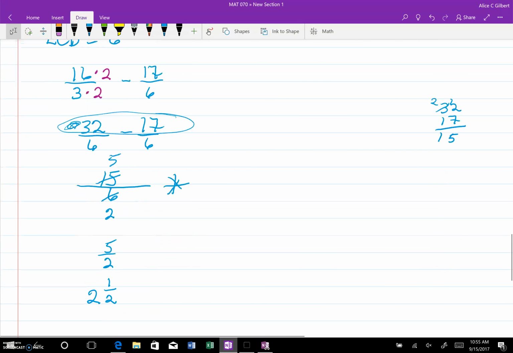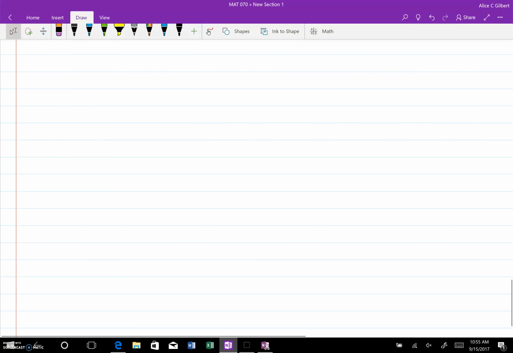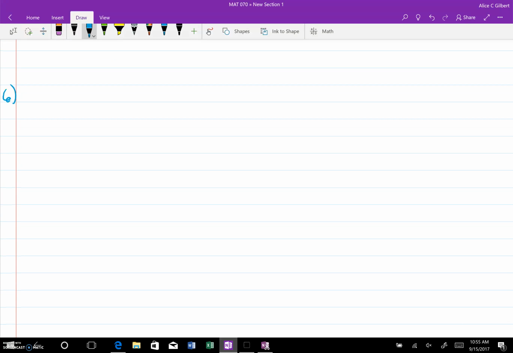And let's do one more. So, 6th example. And we've got 3/4 plus 3 1/8. So I don't need to do anything with the 3/4, but I do need to turn the 3 1/8 into an improper fraction.